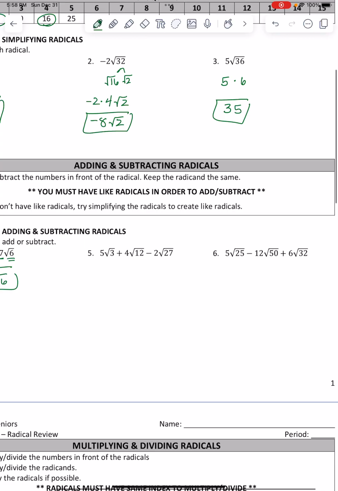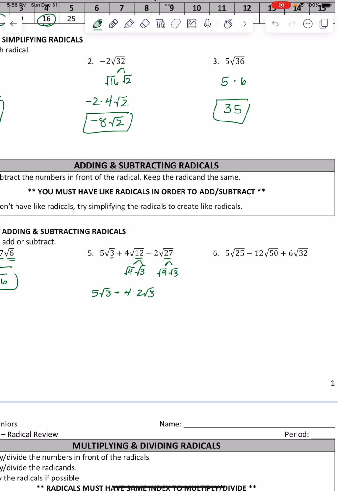Something like number 5, where our radicands are different, we can't combine them. But before we just say we can't do anything, we check to see if we can simplify. So the biggest perfect square that goes into 12 is 4, and then 27, the biggest one would be 9. So 9 times 3. So we've got 5 square root of 3 plus 4 times 2 square root of 3, right?